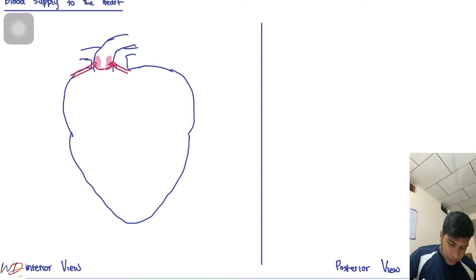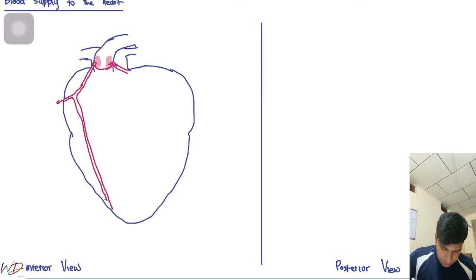Now the right coronary artery is going to go like this to the posterior side while supplying the right side of the heart. It supplies the right atrium, right ventricle, and it goes to the posterior aspect of the heart.